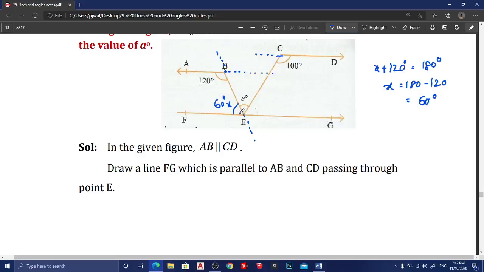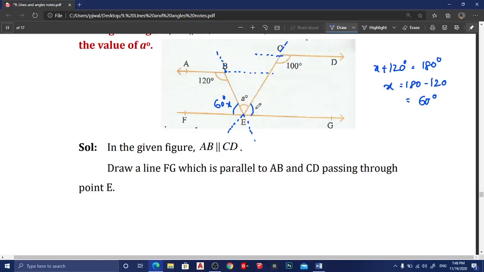Now apply the same concept to this one also. Extend this here to understand the figure. Here also extend. Now forget this part, take only this part. Now these two lines are parallel to each other, and this is the transversal line, and these angles become the co-interior angles.